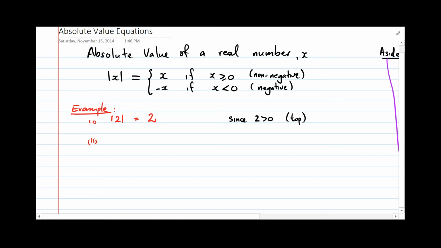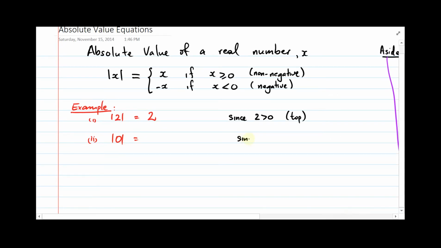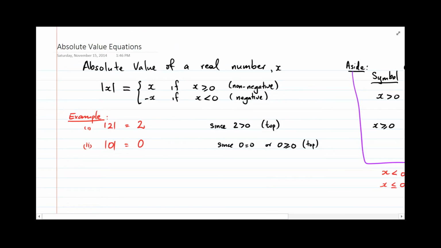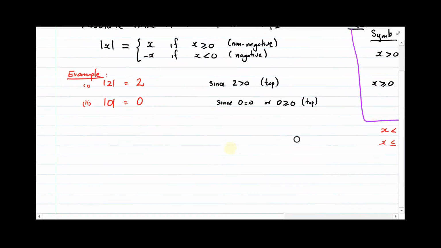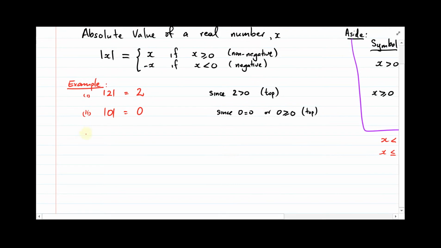The next one, if I ask what is the absolute value of 0, in the same way, we can say since 0 equals 0, or even 0 is greater than or equal to 0, both of these statements are true. So again, I will use the top line, and the absolute value of 0 is 0. All right.